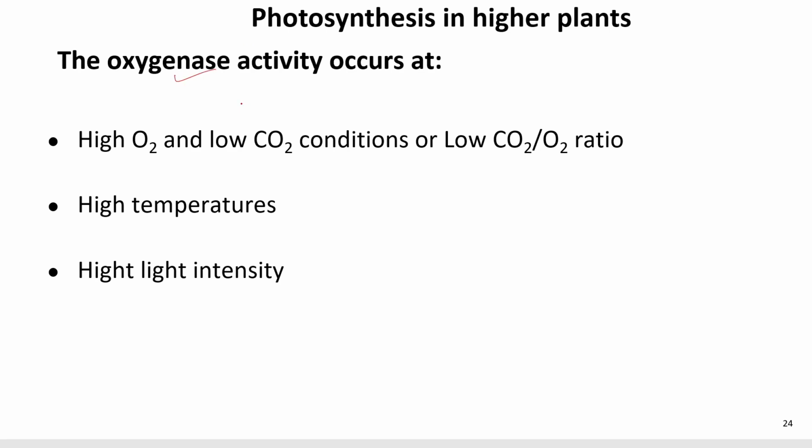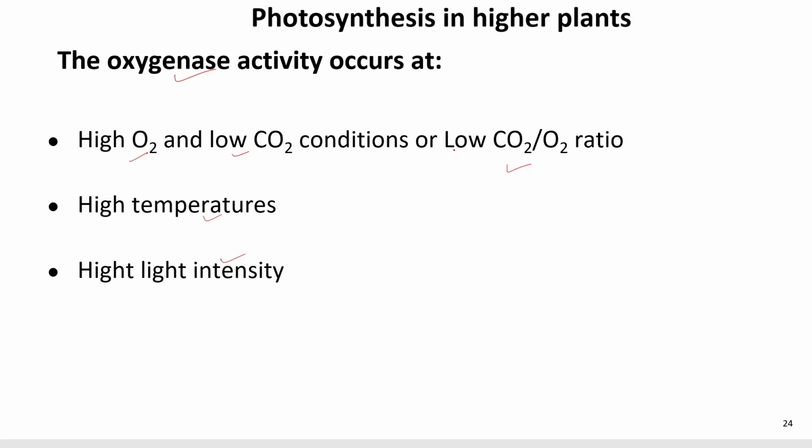So, oxygenase activity is favored at high oxygen and low carbon dioxide concentration, or low carbon dioxide to oxygen ratio. Then oxygenase activity is favored at higher temperature and very high light intensity.